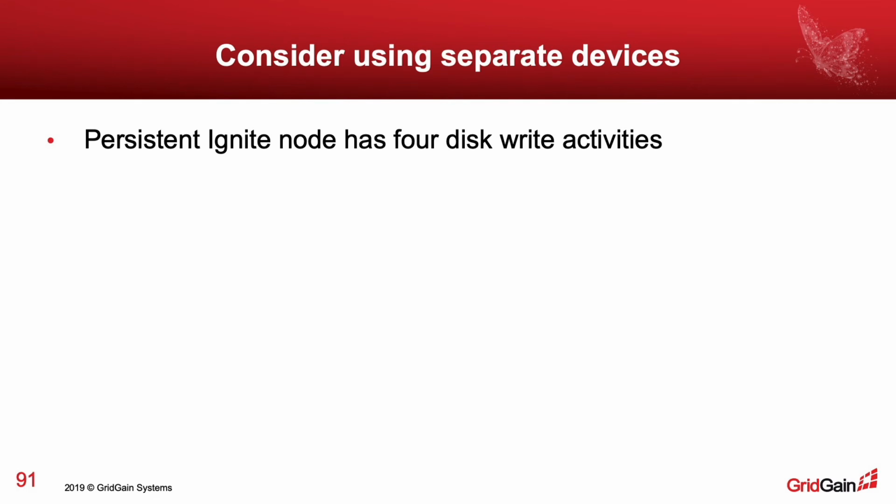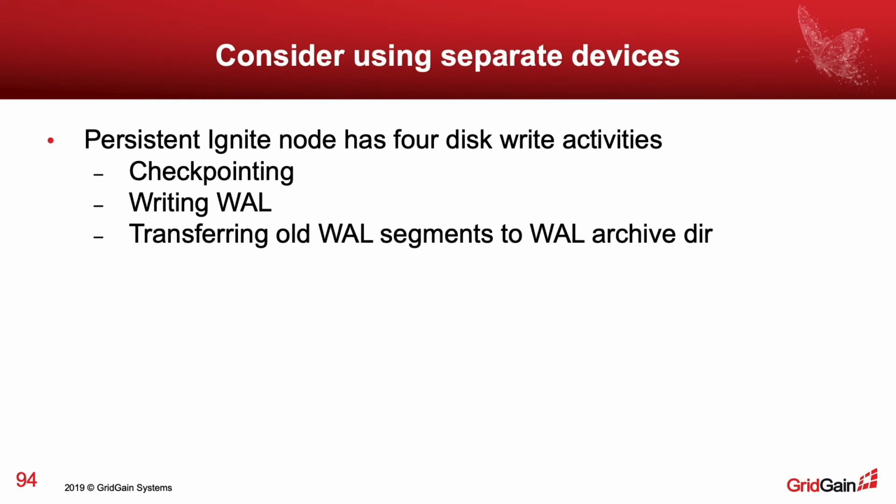The last point is that an Ignite node has 4 disk write activities: the aforementioned checkpointing, writing the write-ahead log, transferring all the write-ahead log segments to the write-ahead log archive directory, and data snapshotting. In practice, all these 4 activities will compete on your single hard drive device.